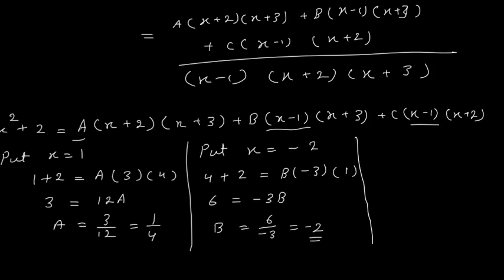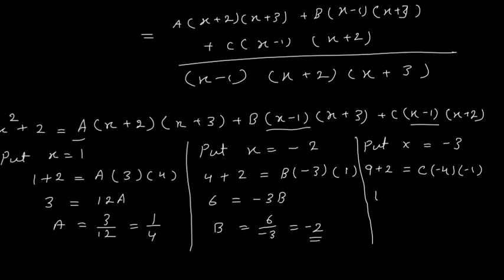And now I want the value of c. So for that I see a and b, what is common? x plus 3 is common. So here I will put x equal to minus 3. When we put x equal to minus 3, square is 9 plus 2 is equal to, now here the value of a is 0, value of b is 0, and the c term is c into minus 3 minus 1, which is minus 4, and minus 3 plus 2 is minus 1.